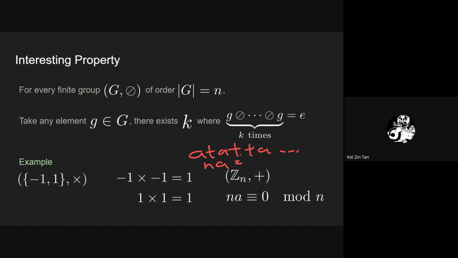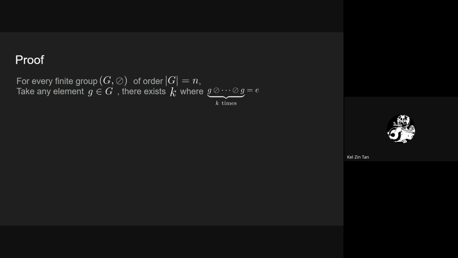So you see that it seems that if I have a finite group, if I take any element and just repeat the operation on the same element for some number of times, I will get back the identity element. So why is this the case? We try to prove this property.